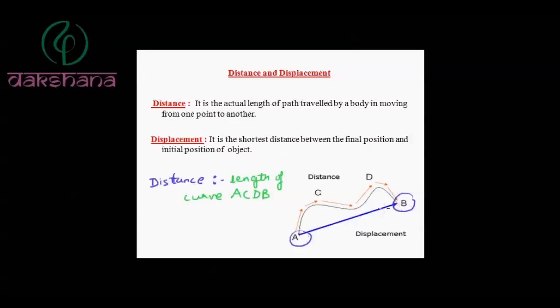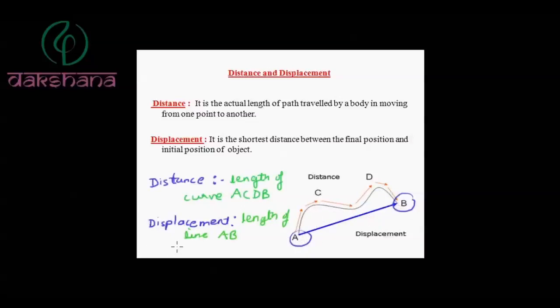That can be the line joining A and B. So we can write displacement as the length of line AB. And from here we can see that displacement can never be greater than distance.